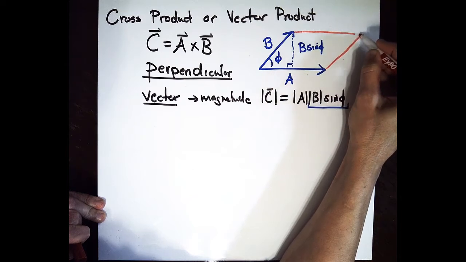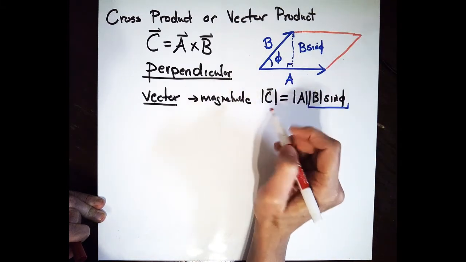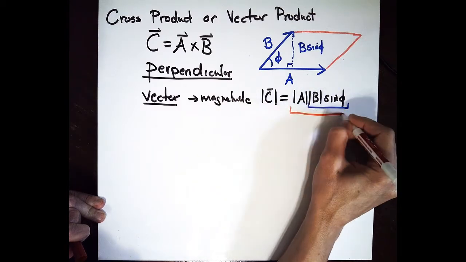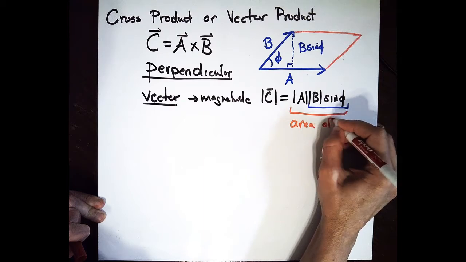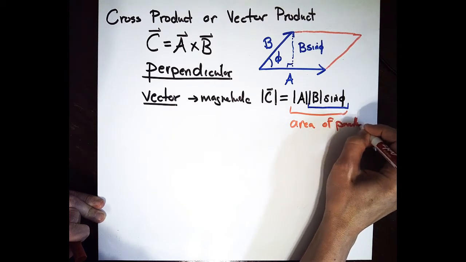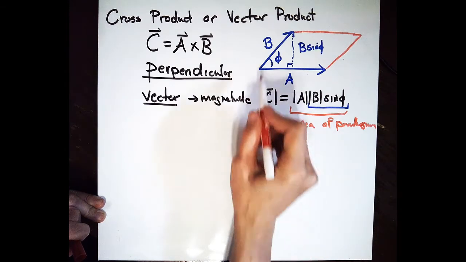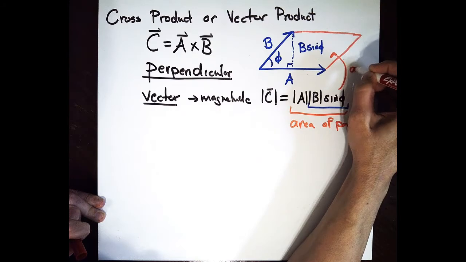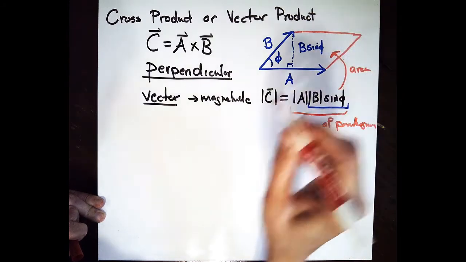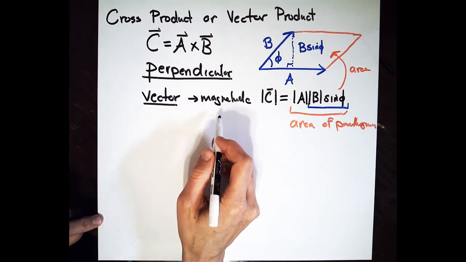So this thing I'm drawing in red that has the sides A and B, this is the area of that parallelogram. So if that's something you're familiar with, these parallelograms, that being the area, that's another way you can think of the cross product.